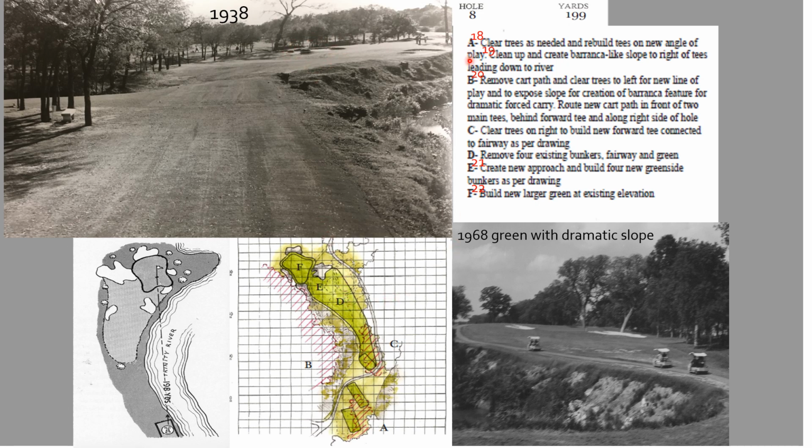So this is basically taking the existing 8 and trying to get it as close as possible to the old 8, a mirror image of it. And I think it's going to do a tremendous job. I think this is clearly going to be a new signature hole for Colonial Country Club when it's done.